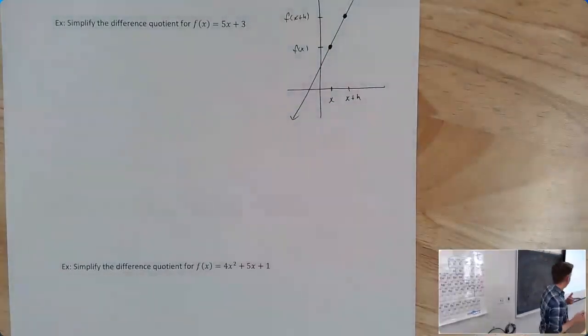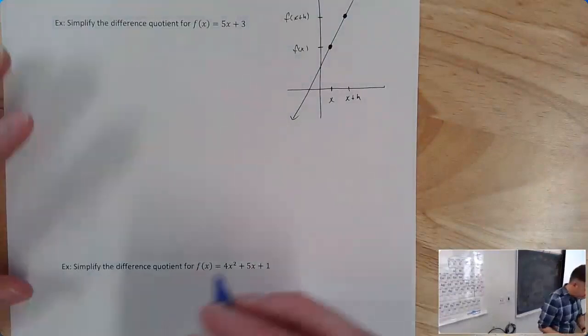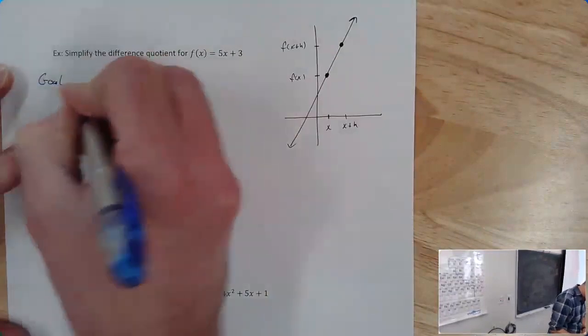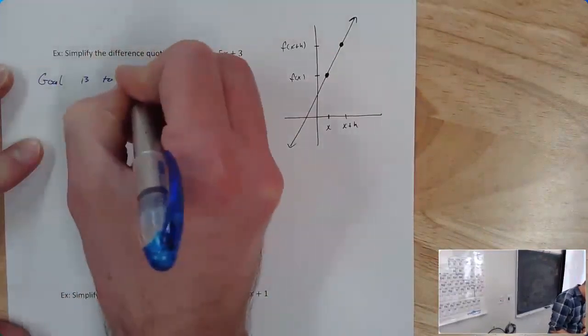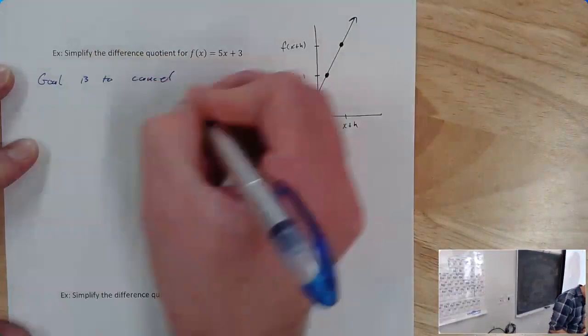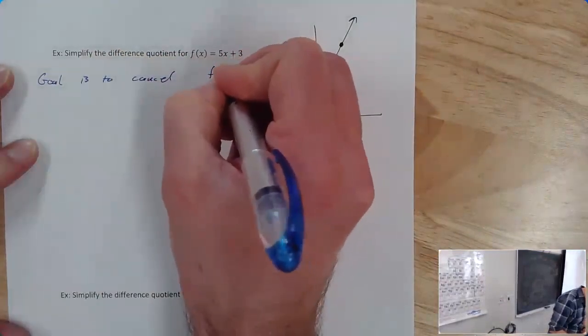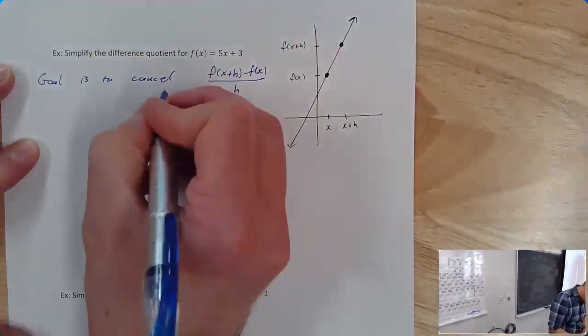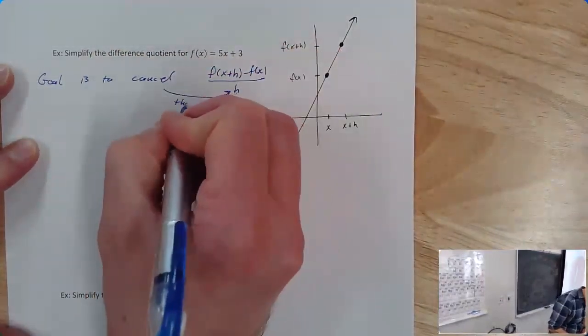Okay, so when someone asks you to find the difference quotient, or I should say, simplify the difference quotient, your ultimate goal is to cancel out the h that you started with in the denominator. So every time we're simplifying the difference quotient, f of x plus h minus f of x over h, our goal is to cancel that h.